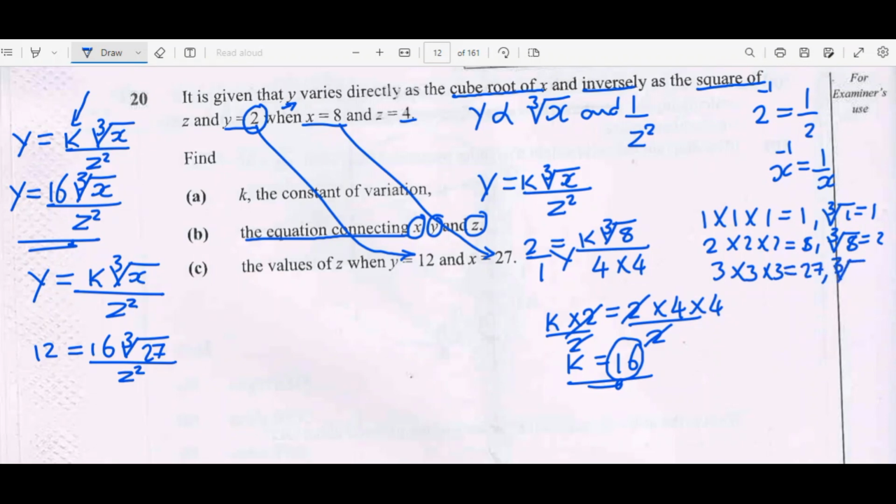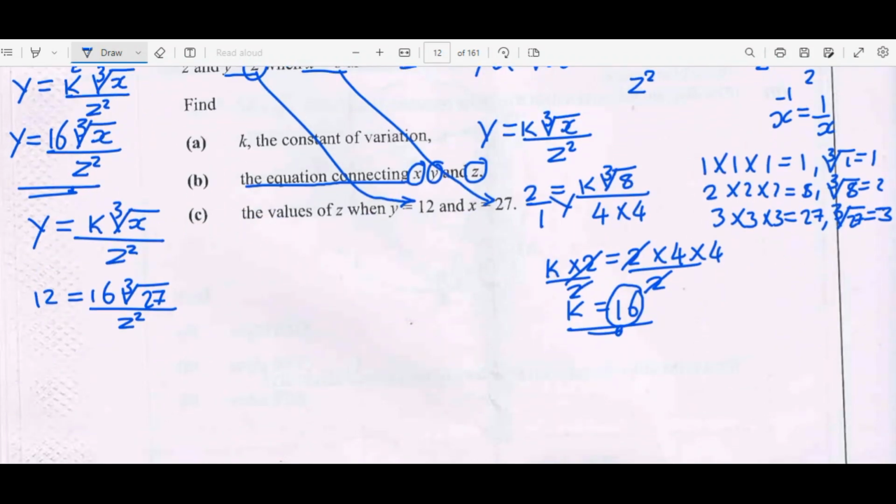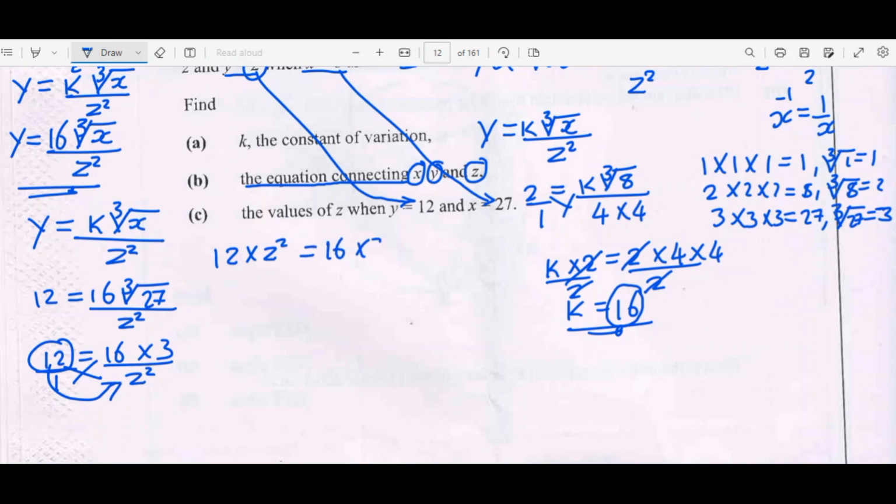The cube root of 27 will give us 3. So now this will be 16 times 3 over z squared, over 1, then we cross multiply. So the 12 will multiply with the z squared, giving us 12 times z squared is equal to 16 multiplied by 3. We know that this will give us 48.